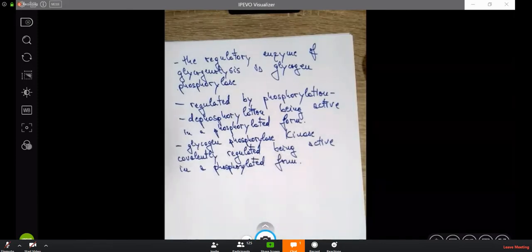So I have several steps of regulation because I want to control the process very, very tightly. Yes, it's really important to be sure I am breaking down glycogen exactly when I need to do it.